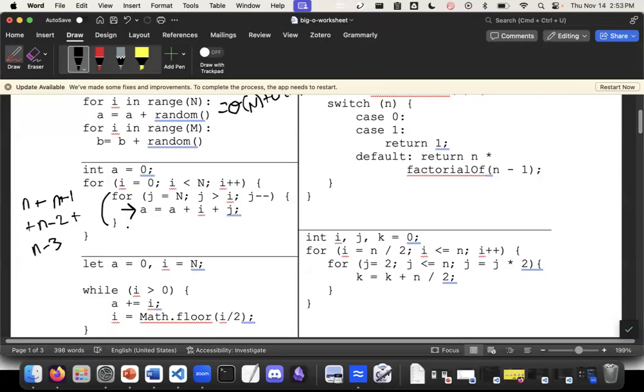Or no, sorry, I'm wrong. That's how many times this line happens. Sorry, I got confused.